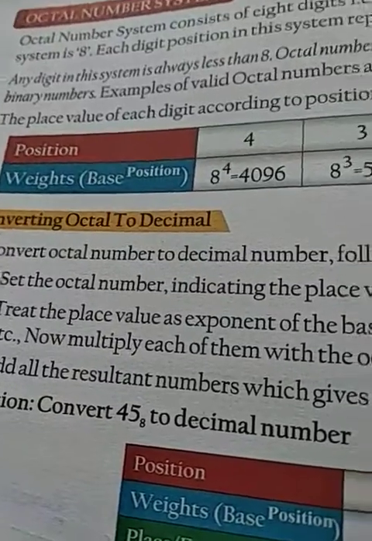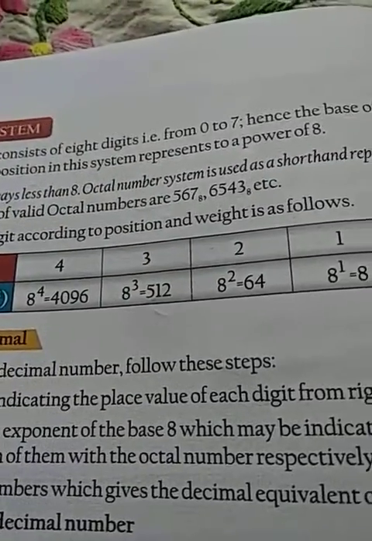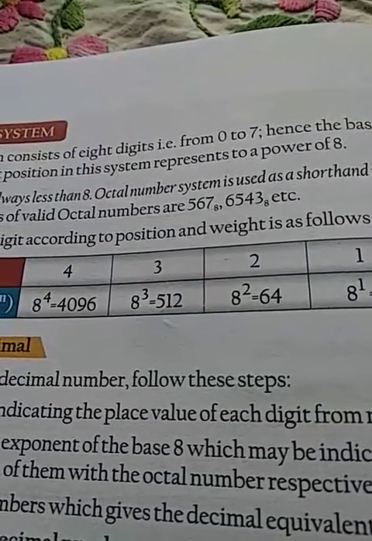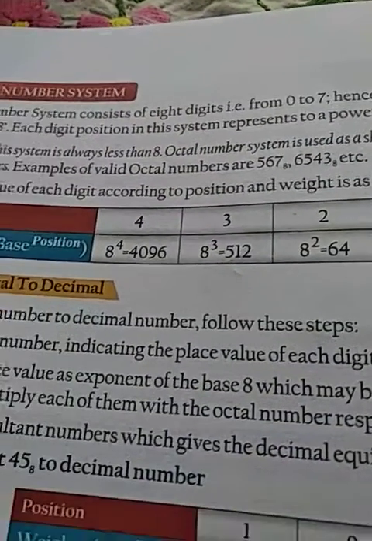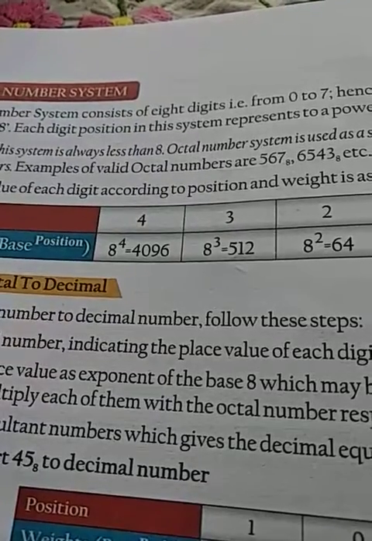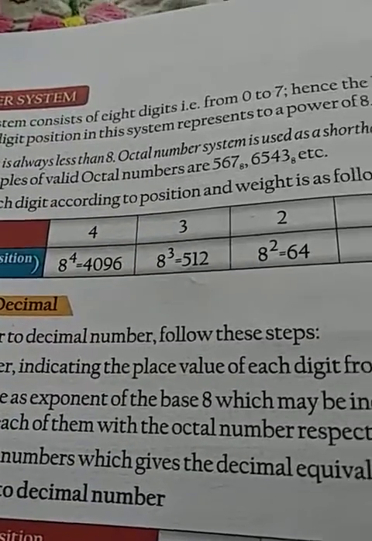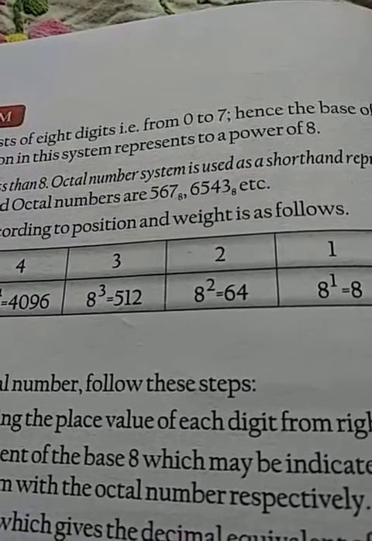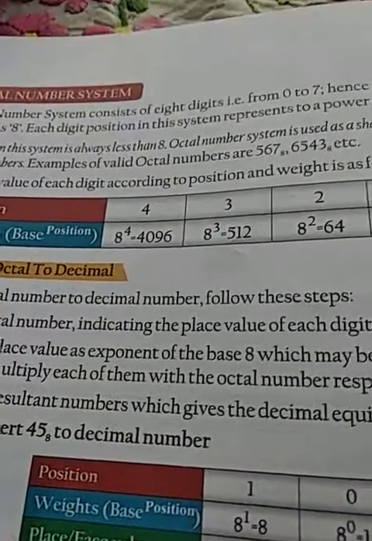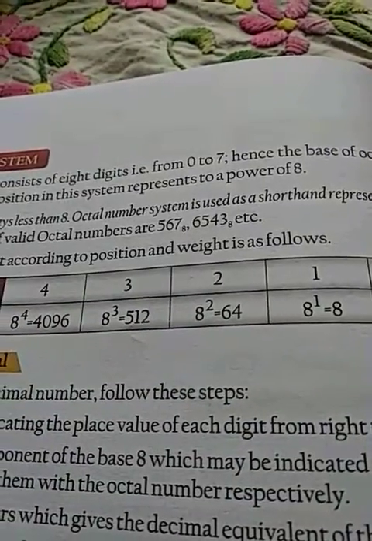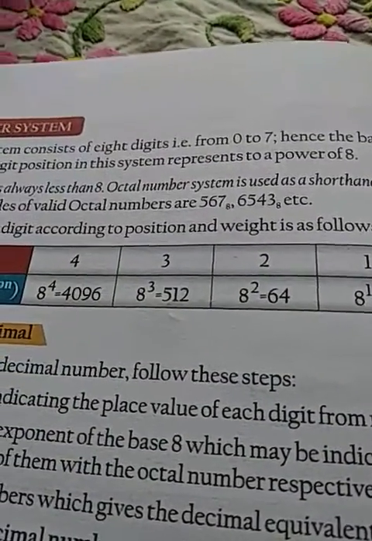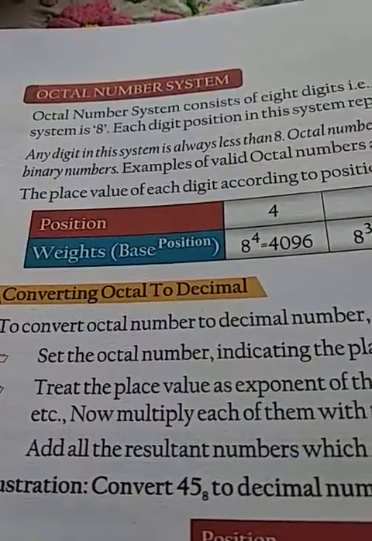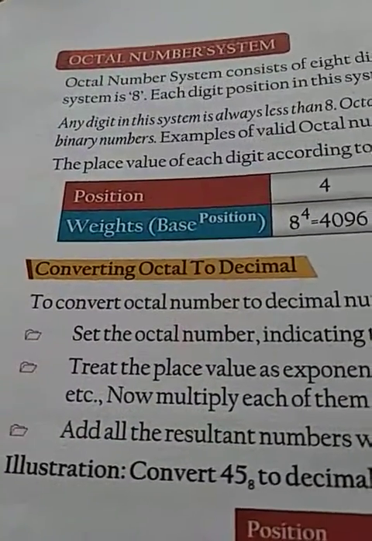Each digit position in the system represents a power of 8. As we had studied in the binary number system, each digit position represented a power of 2. Here in the octal number system, each position will represent a power of 8. Any digit in this system is always less than 8.